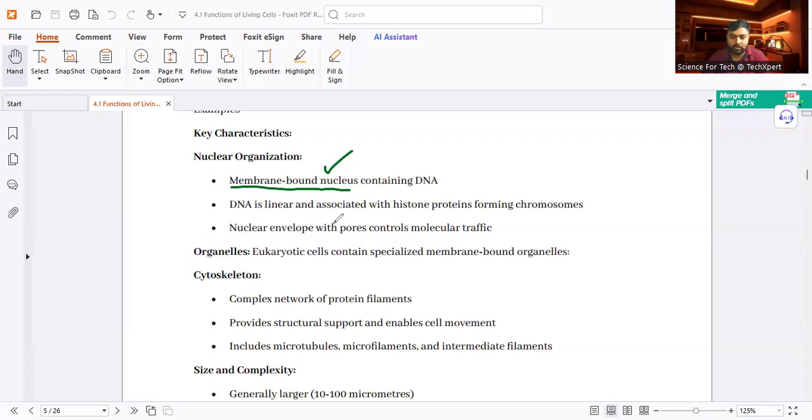Then associated with histone proteins. This was also discussed. Then membrane-bound organelles.